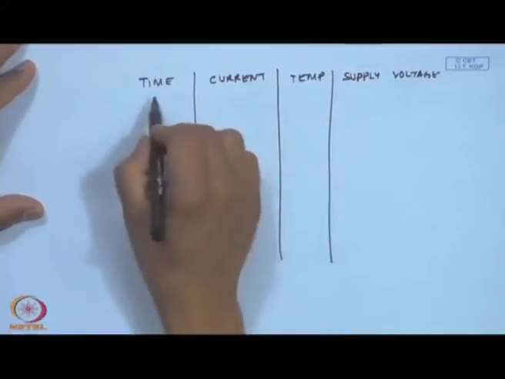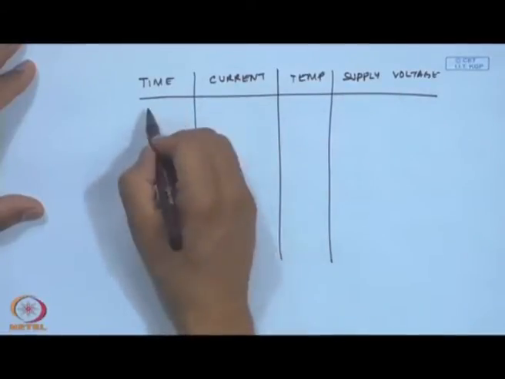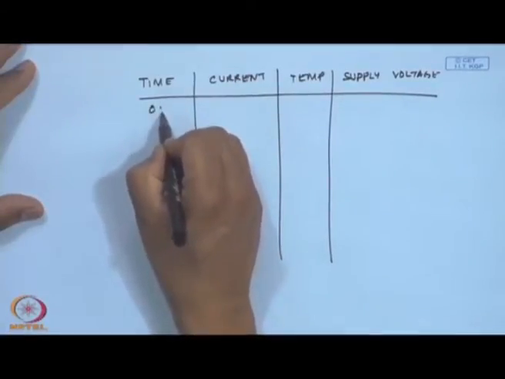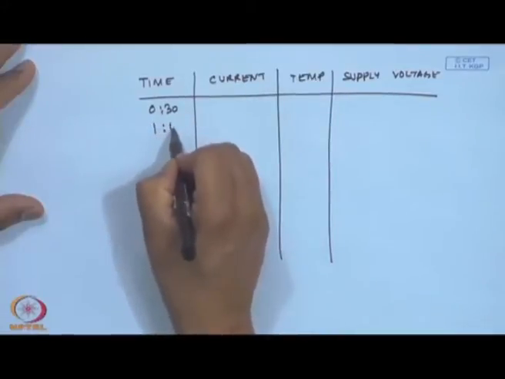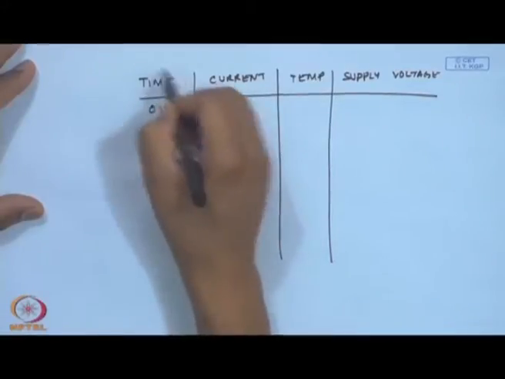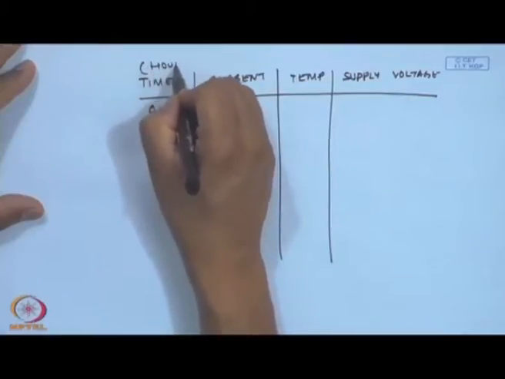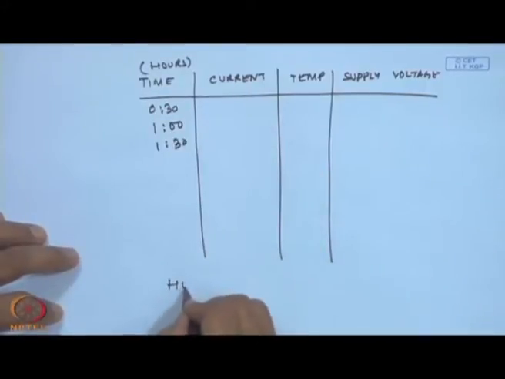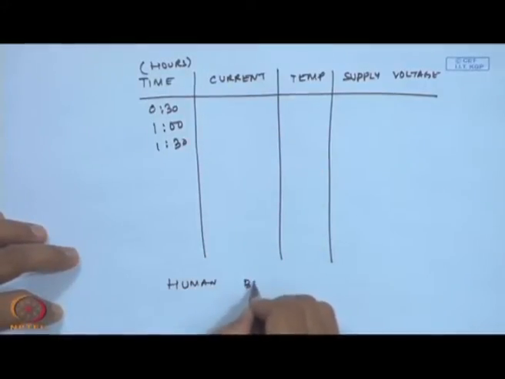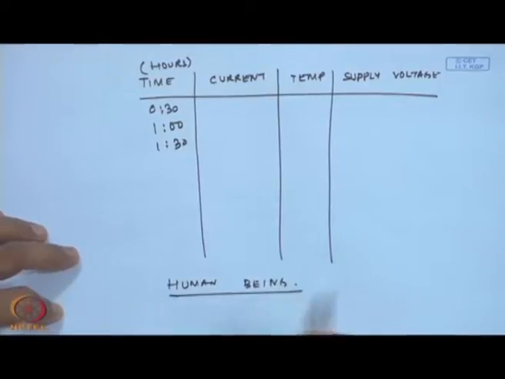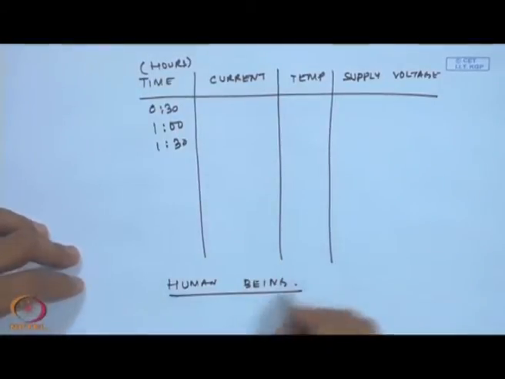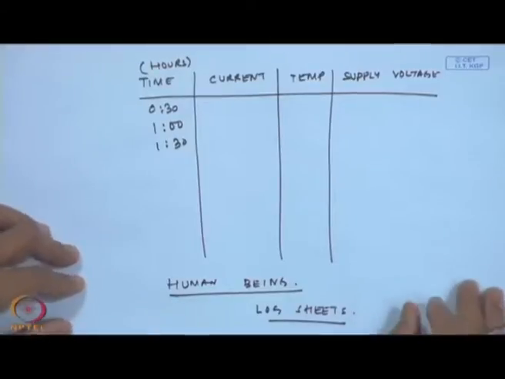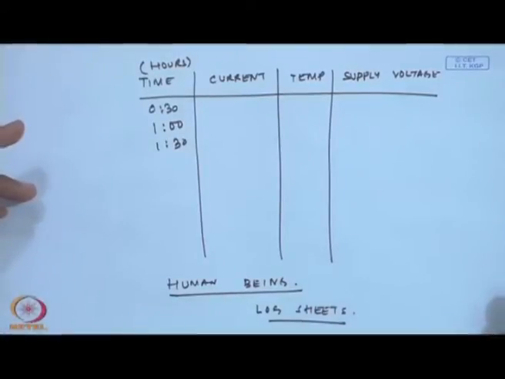And this time, mind you, was maybe every 30 minutes, so in hours, and this was being done by a human being. They would essentially form the log sheets, and these were available in the plant room.